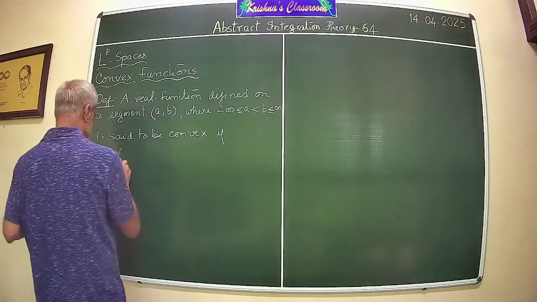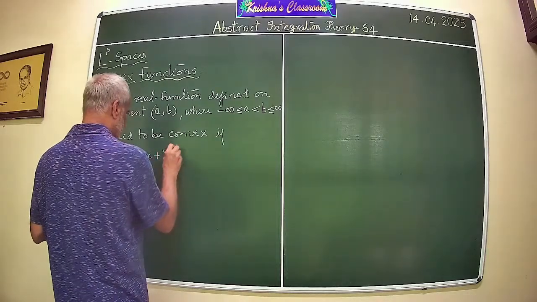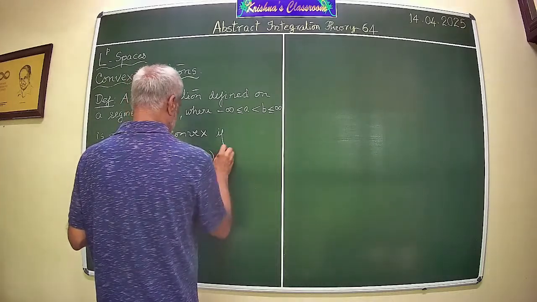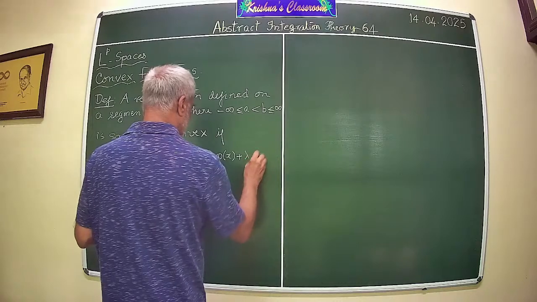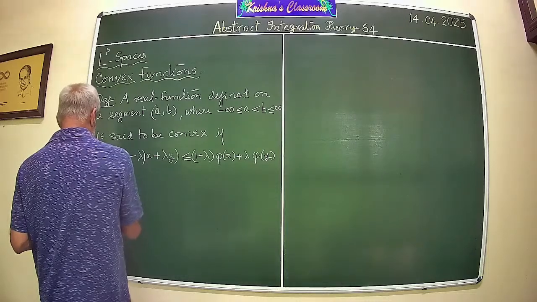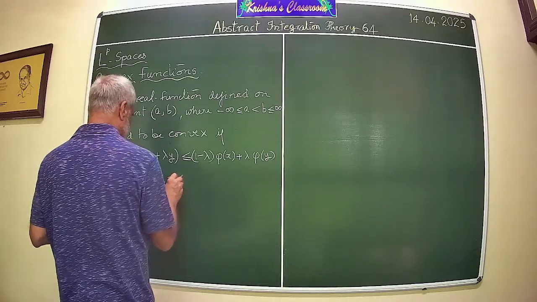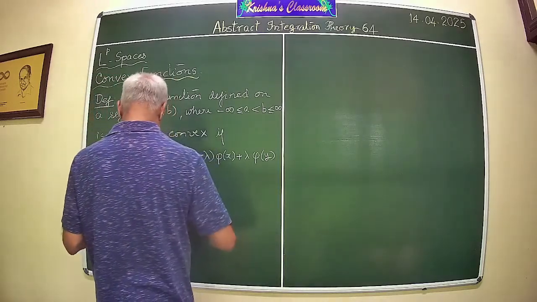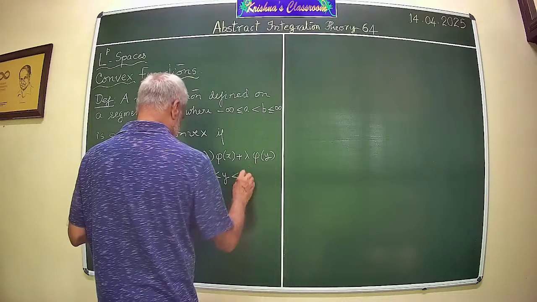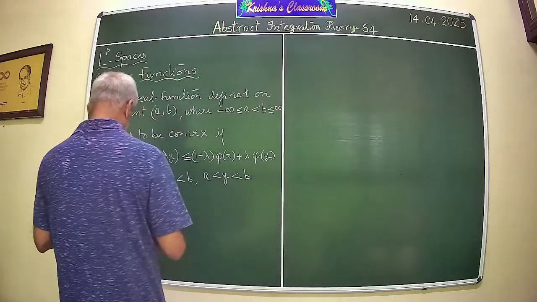convex if phi of 1 minus lambda x plus lambda y is less than or equal to 1 minus lambda phi of x plus lambda phi of y, whenever A less than x less than b, A less than y less than b.